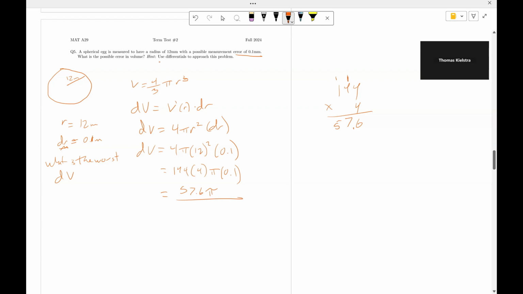And that is the possible error in volume. And this would be millimeters cubed, because my radius is in millimeters and my error is in millimeters. And this is a classic differentials question. I give you a small change in radius, and I say use that to figure out what's the change in volume.